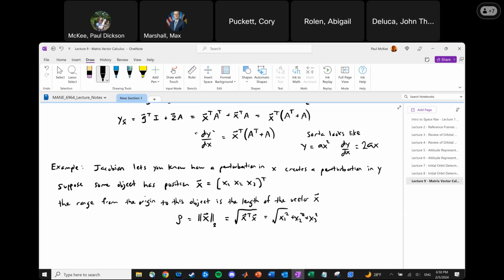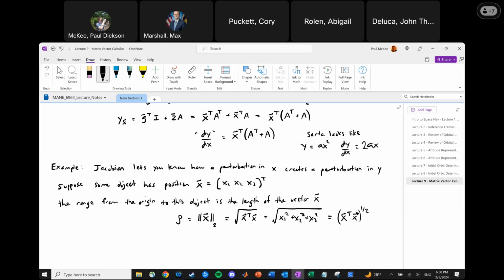This is a little bit more concrete because we were just talking about the ranges of unknown vectors earlier today when we were talking about Gauss's method, right? Okay. We will write this as follows. Rho is equal to x transpose x, all of it to the 1/2 power. That is the preferred way of writing this equation. And you're going to see why in a second.